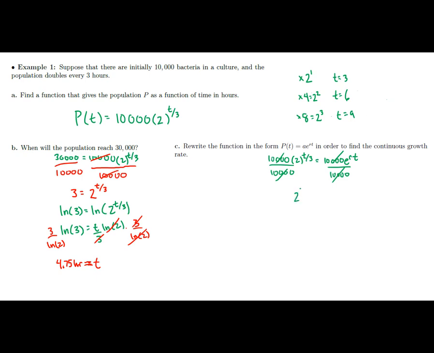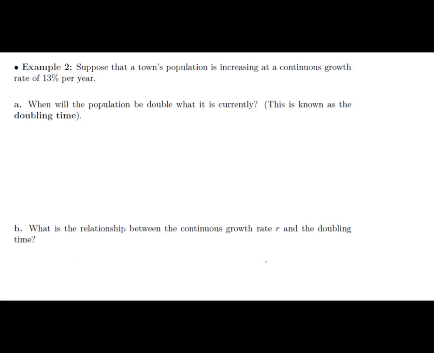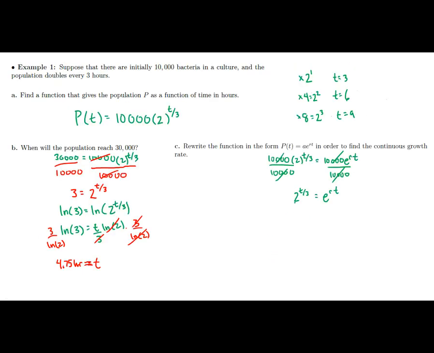So we have 2 to the t over 3 is equal to e to the rt. But of course, we can get this r out of the exponential if we take the natural log of both sides. So we'll do that. So over here, we can bring the t over 3 down in front.